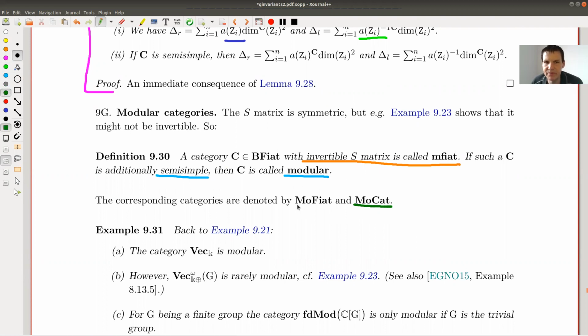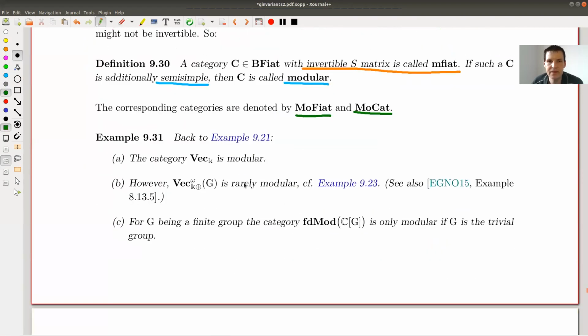If I don't have semi-simplicity, I would use this notation. The only exception is, of course, vect k, because in vect k this is your S matrix, and it's very invertible. As soon as you get to vect g for bigger g, it's almost never modular, very, very rarely modular.